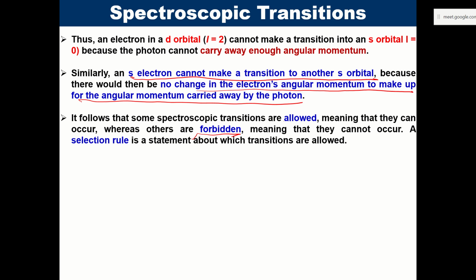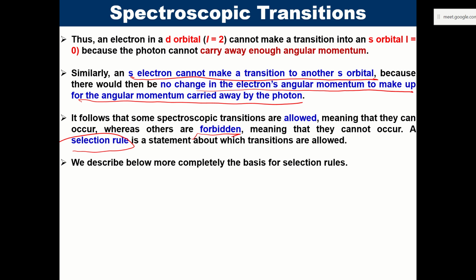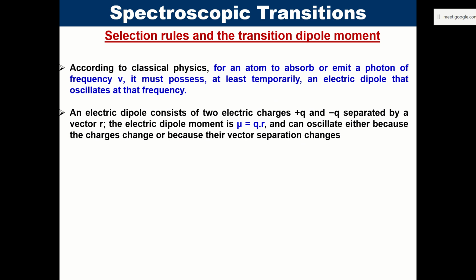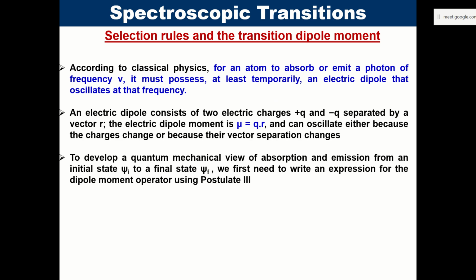The set of things that determine these, we call selection rules, statements that we generalize. So delta L plus minus 1 comes from there. So this is the consideration, that change in the dipole moment.